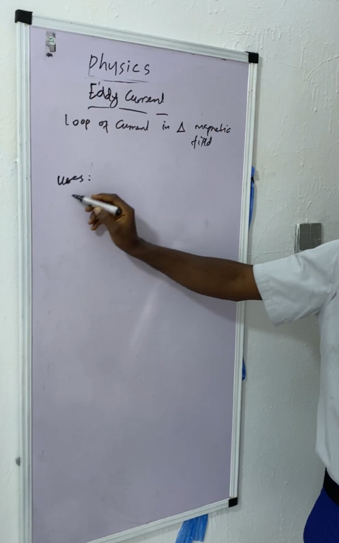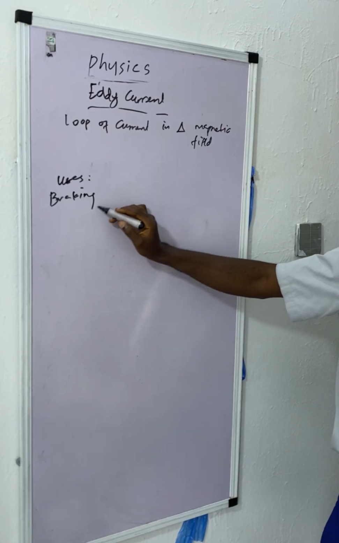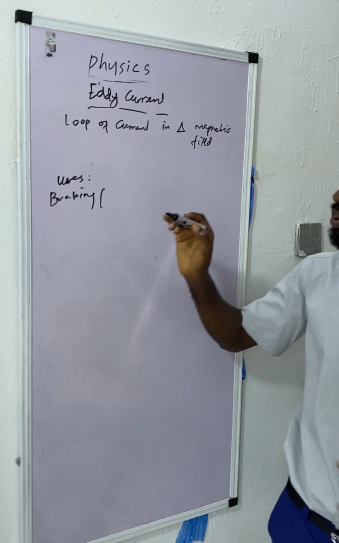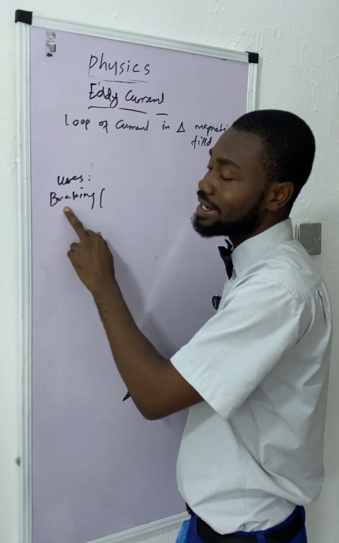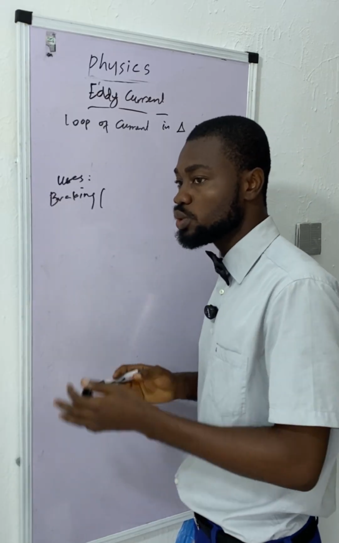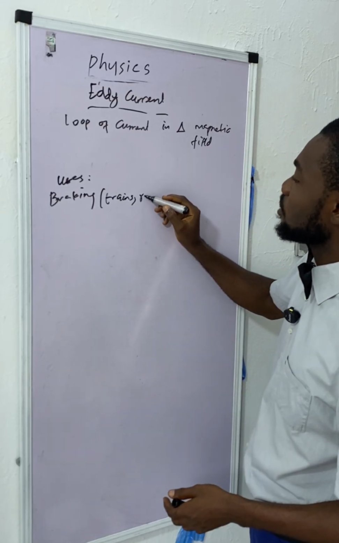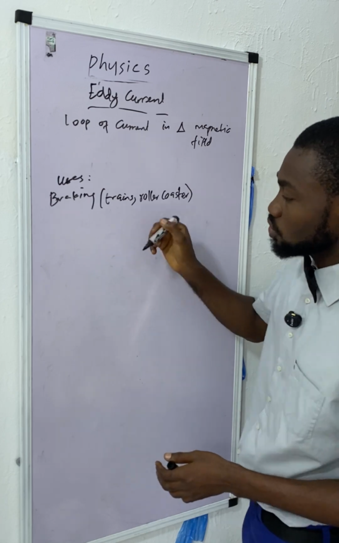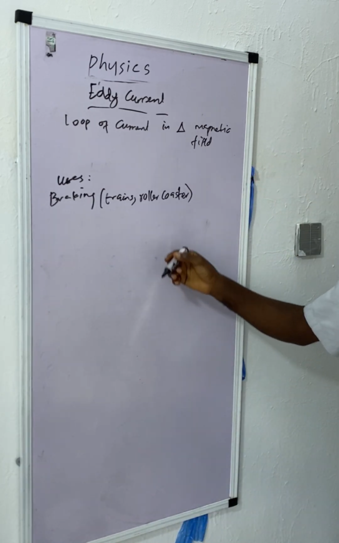For example, it is used in braking systems, like to bring something to a stop, like in trains and roller coasters, the thing that turns around that you normally see in the park. That's where you use it.